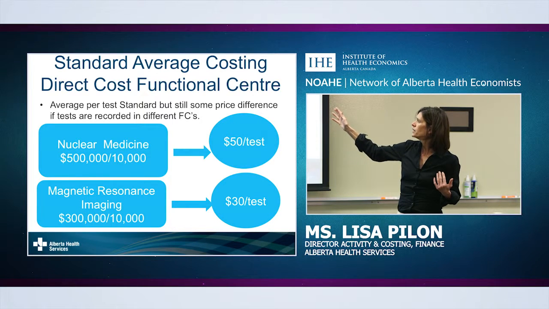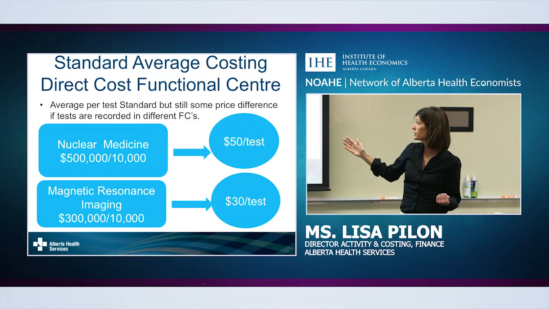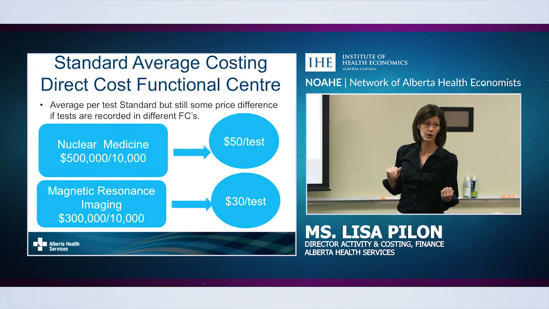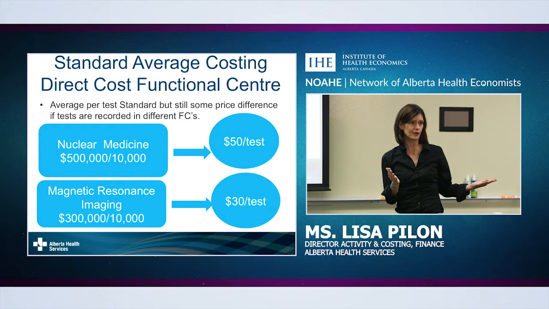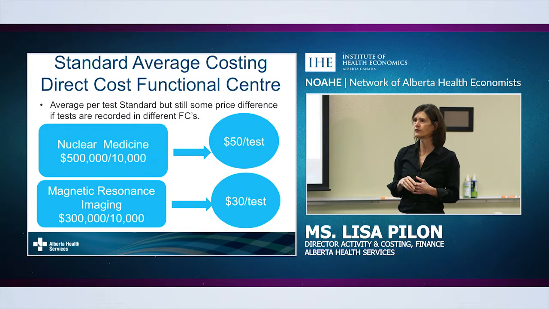And so then you wouldn't quite have $100 per test. You'd have something a little bit better. You'd have $50 a test and $30 a test. So your nuclear medicine tests are about $50 a test. Your magnetic resonance imaging is $30 a test, a little bit closer than $100 a test. Probably a little bit easier for you guys to work with. But we're still somewhat averaging them out as a standard cost.